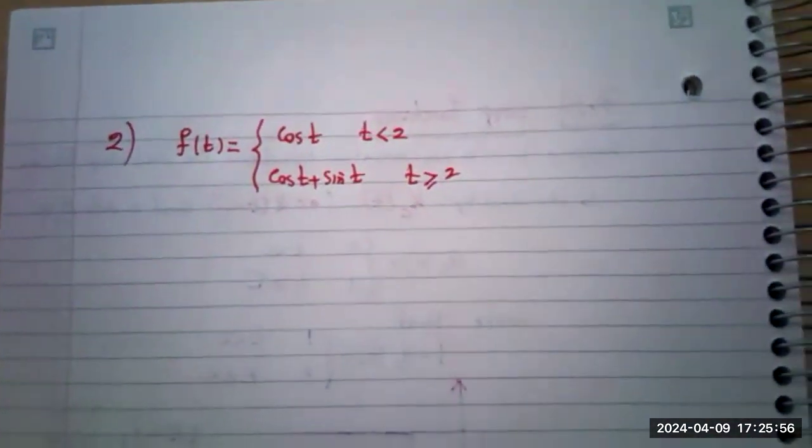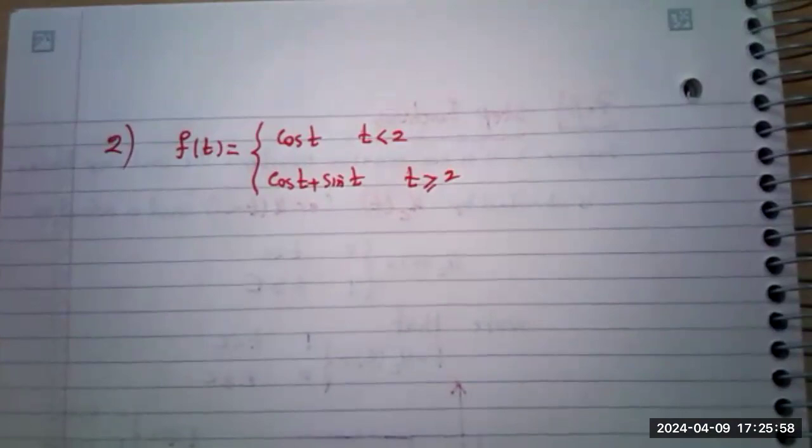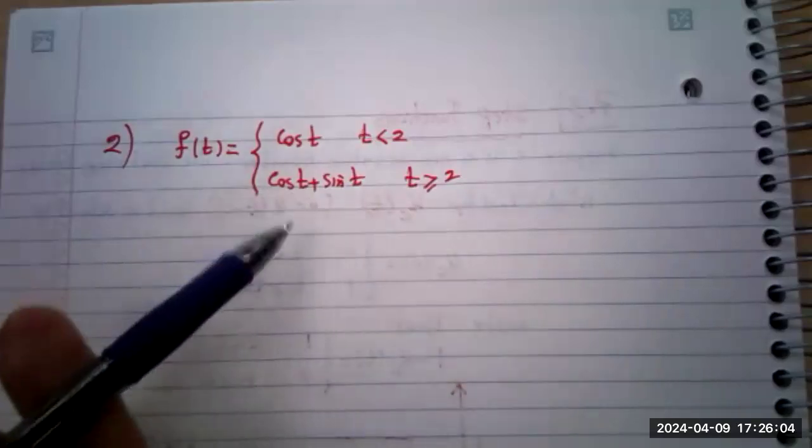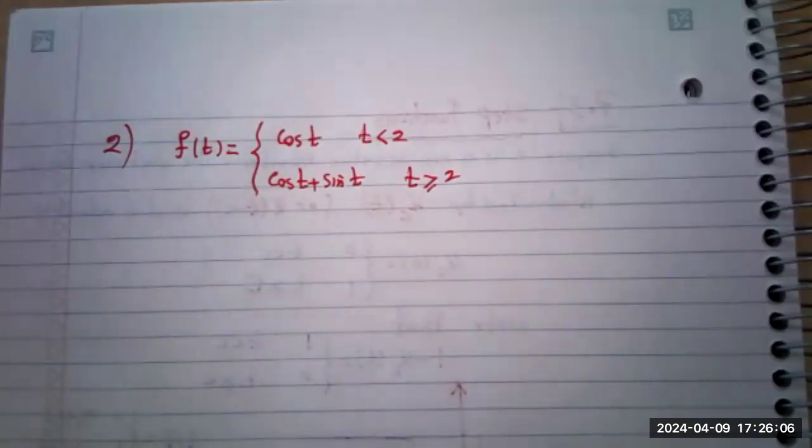I'd like to write this one as a combination of the unit step function. Again, think about it. Unit step function is 0, 1. So just think about how we're going to get rid of these. Yes, any suggestion? We're going to need 2 u's. One is 1 when it's above 2, and then we have another u of something when it's below 2.